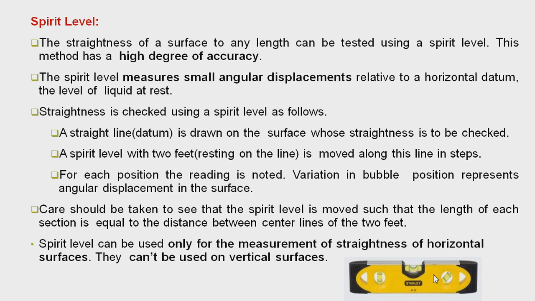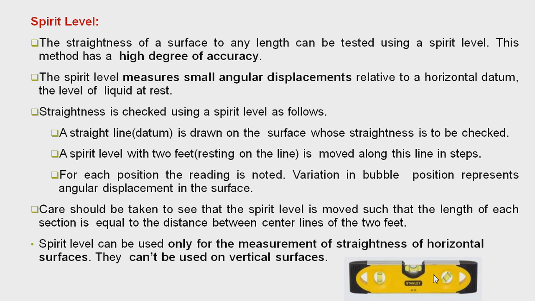A straight line, that is the datum, is drawn on the surface whose straightness is to be checked. Now a spirit level with two feet, as shown in the figure, is moved along this line in steps. For each position the reading is noted; the variation in bubble position represents angular displacement in the surface.